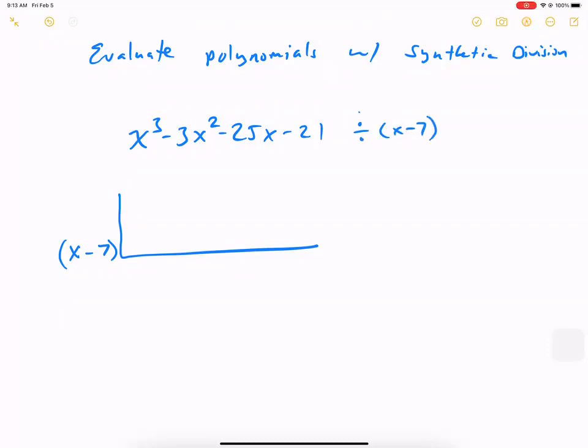The way we do synthetic division, that's set up, we're going to copy down the coefficients. That's going to be 1, negative 3, negative 25, and negative 21. No spaces: x cubed, x squared, x, and a constant. So we fill in all our placeholders.